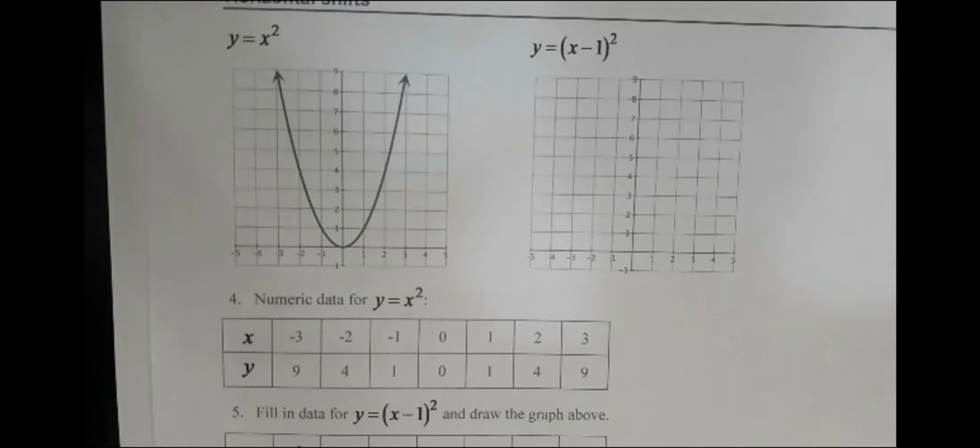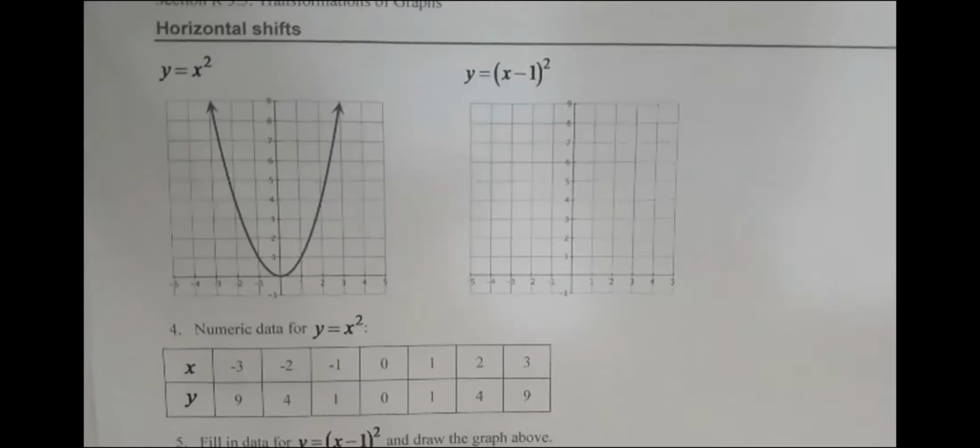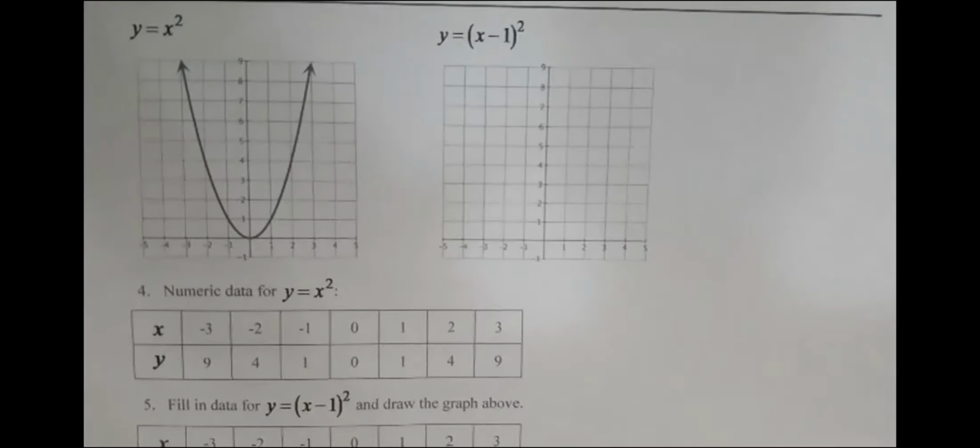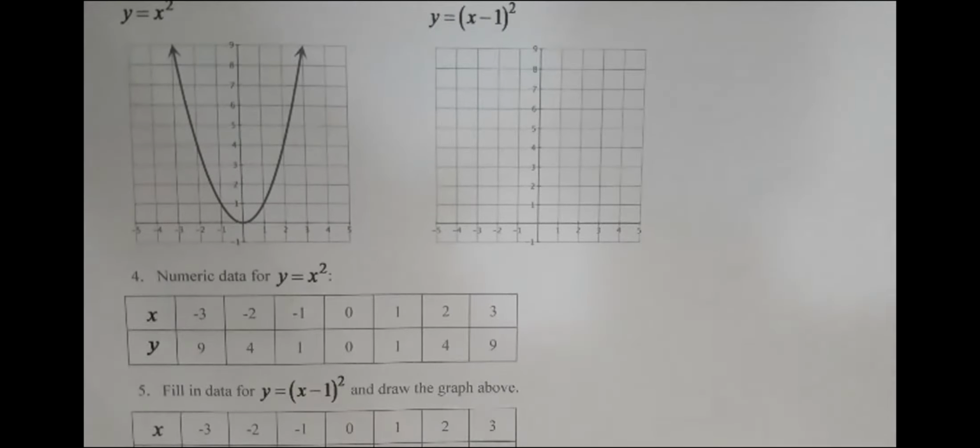But these are the parent functions, and these are the patterns that I'm hoping you work with and you will start to understand a little bit better. So with that said, we're going to do horizontal shifts, and I kind of said these are backwards from what you would probably expect.